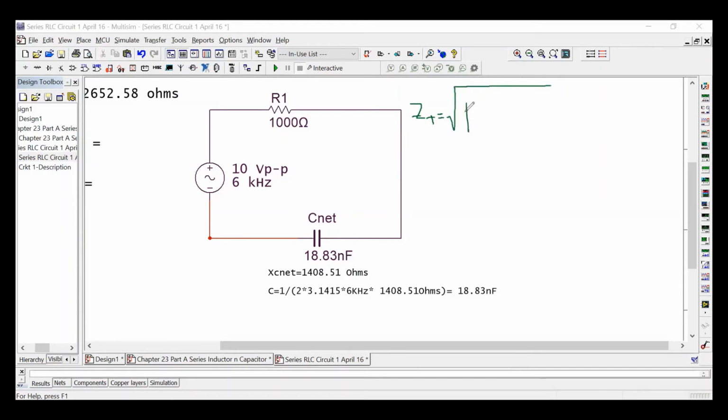So this is just the square root of R1 squared plus X of C net squared. Okay, tell me what that gets for your impedance total. By the way, what are some negative effects of having mismatching impedances on your circuit that could possibly happen?